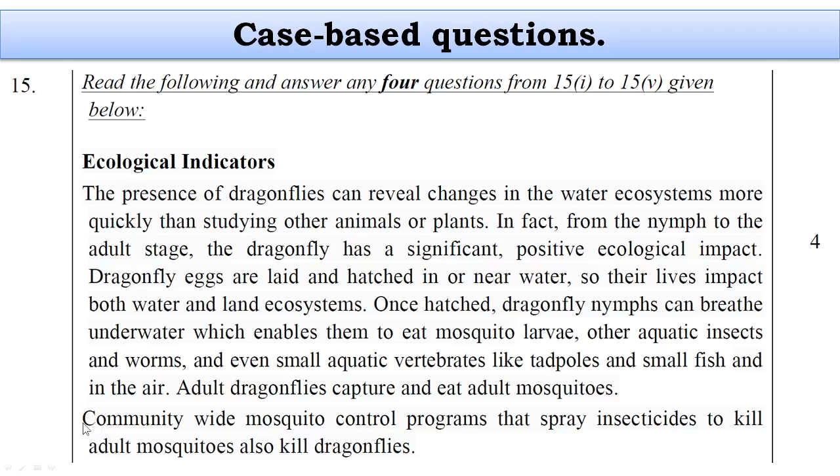At the end there is one statement: community-wide mosquito programs that spray insecticides to kill adult mosquitoes also kill dragonflies. So here you should apply the knowledge you have from all the chapters in your syllabus, like human health and disease, and also the ecology chapters, where you studied population interactions.